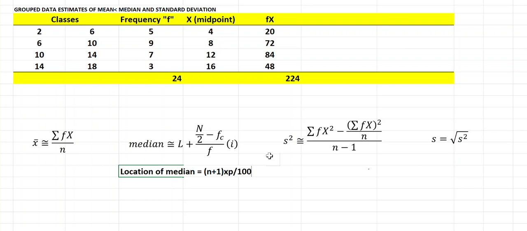So in this case, it's going to be 50 over 100, which is the median, halfway, right? So the location of the median will be equal to 24 plus 1, which is 25, times 0.5, which equals 12.5.